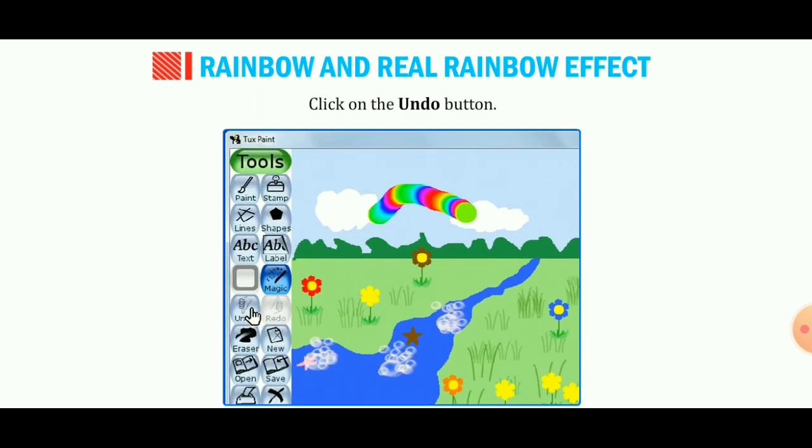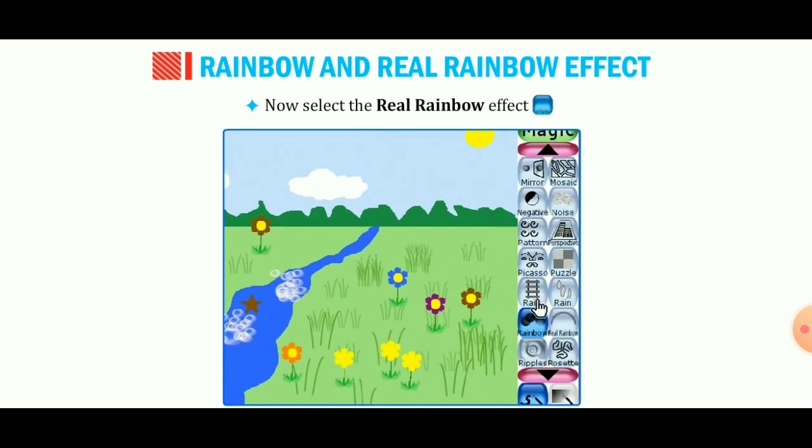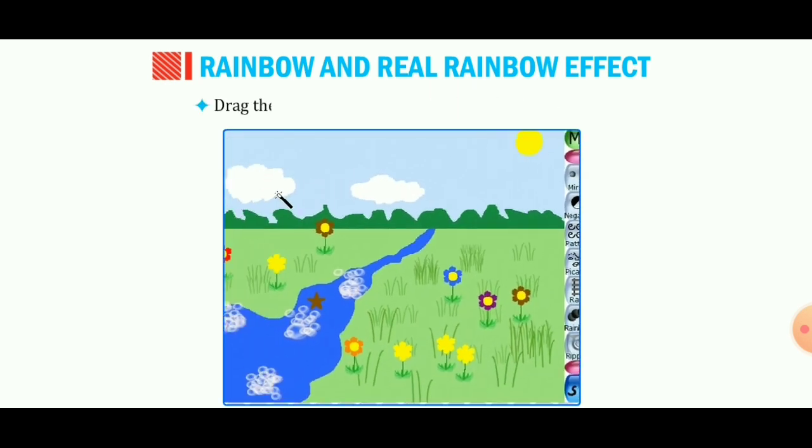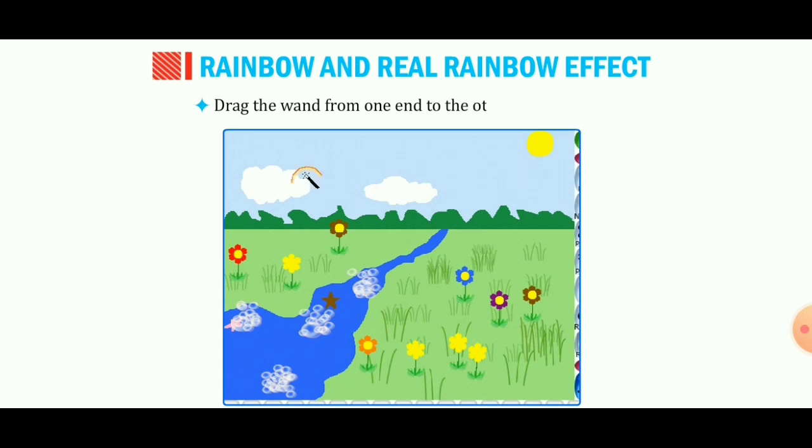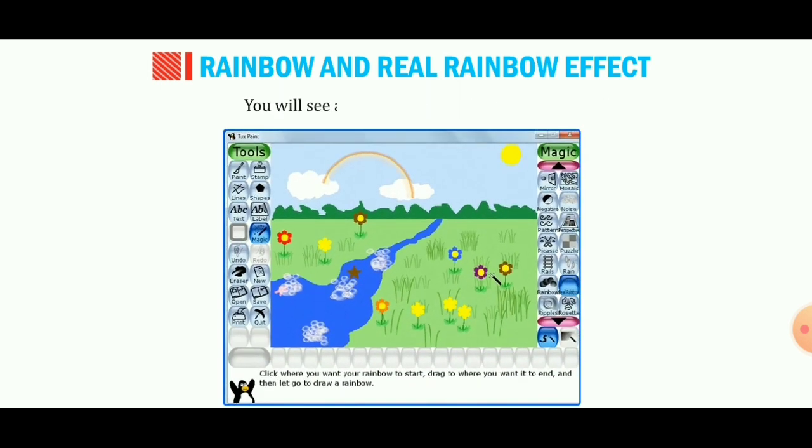Now click on the undo button. It will erase the rainbow. Now select the real rainbow effect. Drag the wand from one end to the other on the cloud. As you reach the end point and release the left mouse button, you will see a real rainbow on the canvas.